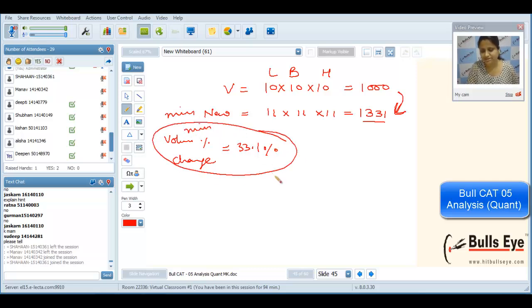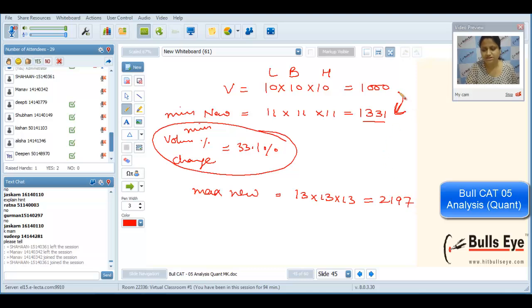Now come to the maximum new volume. What is the maximum increment we can take in a dimension? It is 30%. If we add 30% to 10, we will get 13. So it will be 13 into 13 into 13. That is 2197.